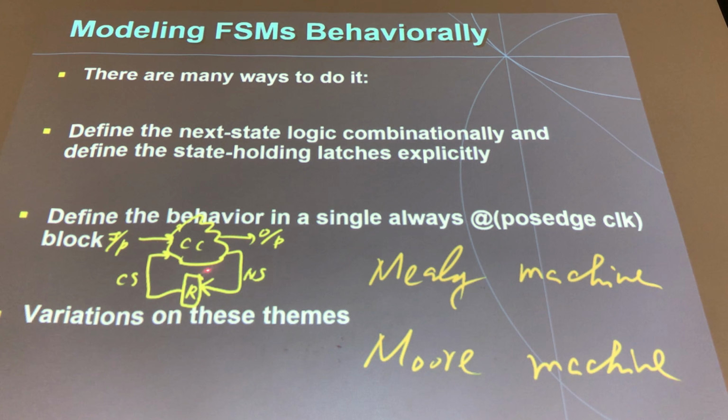The combinatorial circuit generates the next state and updates the register at the clock edge. And also, the combinatorial circuit generates the output value, which could be more than 1 bit. So this is a typical Mealy machine for the finite state machine.